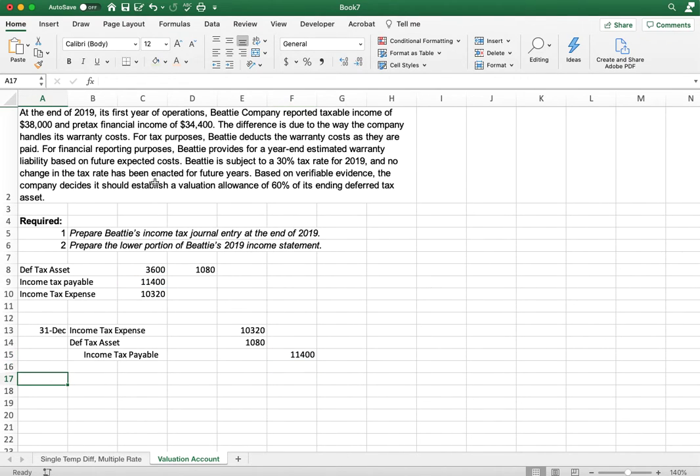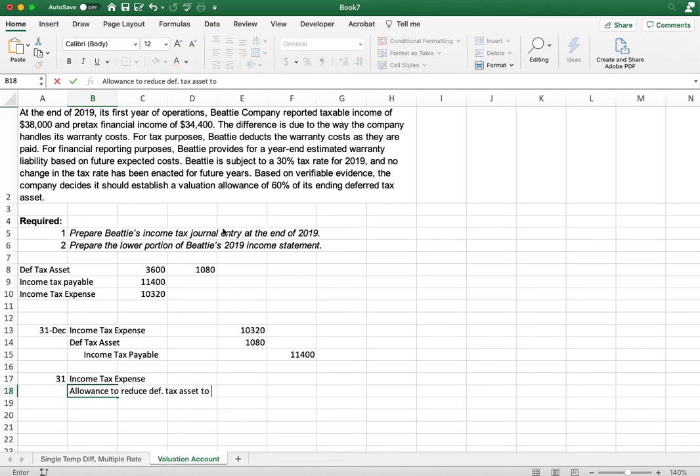And then, because of this valuation allowance, we need an additional journal entry on December 31st for income tax expense and allowance to reduce our deferred tax asset to realizable value.